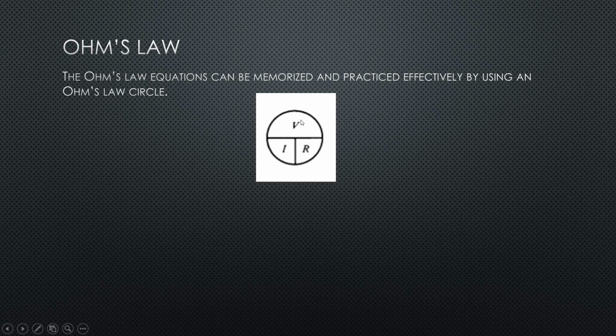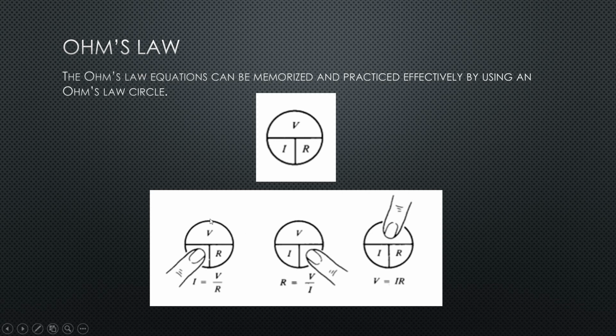Similarly, if you're going to solve for voltage, provided current and resistance are given, you can simply cover V. And as you notice, IR can be a product. So voltage is equivalent to I multiplied by resistance. And solving for the resistance, if voltage and current are given, you can cover R. As you can see, V all over I. So that can be summarized as this one.